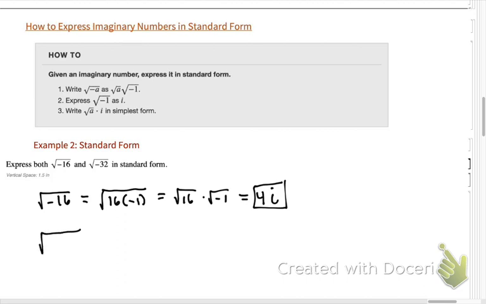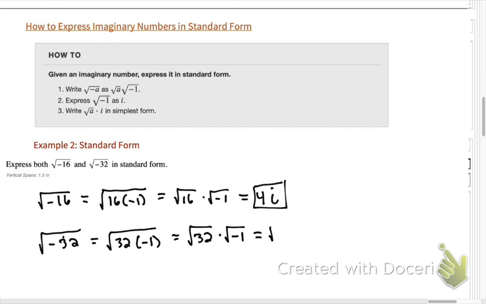Now we're going to do the square root of minus 32. And again, we'll think of that as the square root of 32 times negative 1. And we can rewrite that as the square root of 32 times the square root of minus 1. Okay, now we're going to simplify this. We're going to express the square root of negative 1 as i.